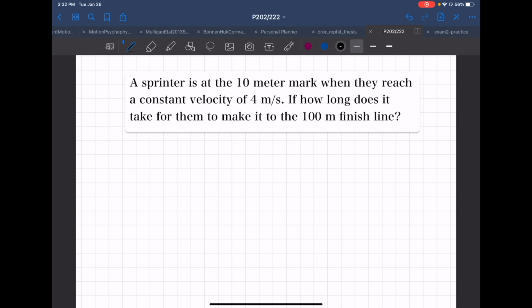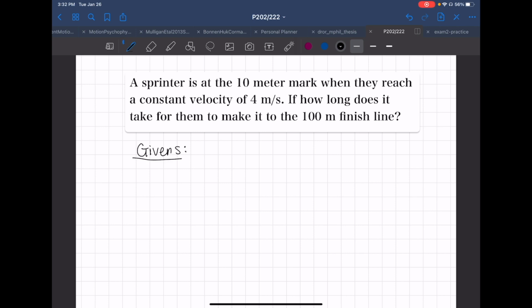How long does it take for them to make it to the 100-meter finish line? So we'll have our givens.